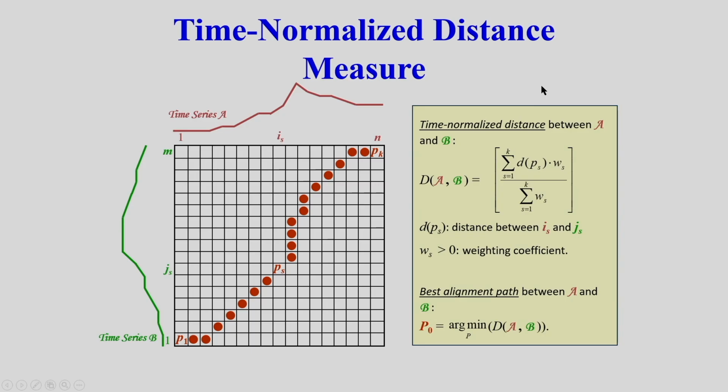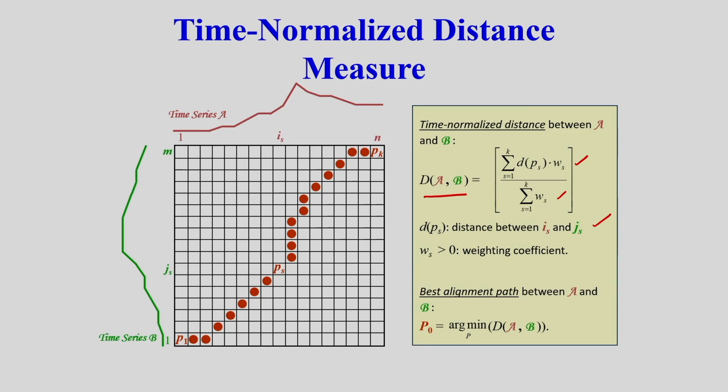So here you can see I am finding the time normalized distance between the time series A and the time series B. So D(A,B) is the time normalized distance, and here you can see the distance is divided by the sum of the weighting coefficients. What is d(i_s, j_s)? It is the distance between i_s and j_s, that is the time series A and the time series B. For this I am finding the distance between i_s and j_s, and I am considering the weighting coefficients w_s.